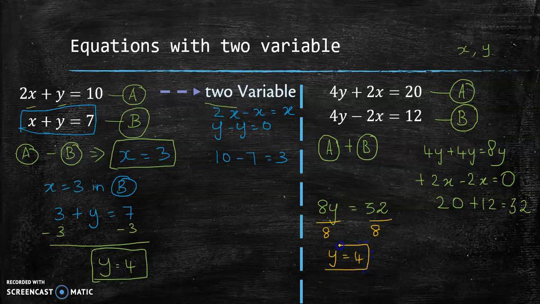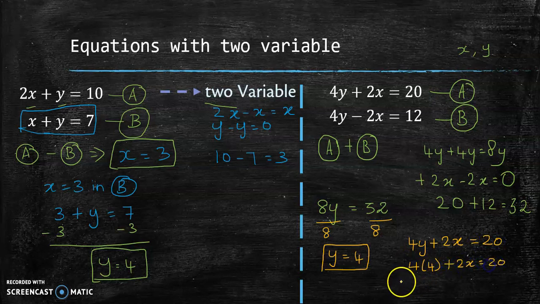So now let's substitute this in any one of the equations, either A or B. I'll substitute in A. So substituting y equals 4, our equation A is 4y plus 2x equals 20. So 4 times 4 plus 2x equals 20.